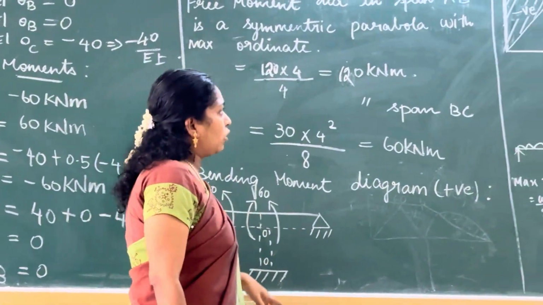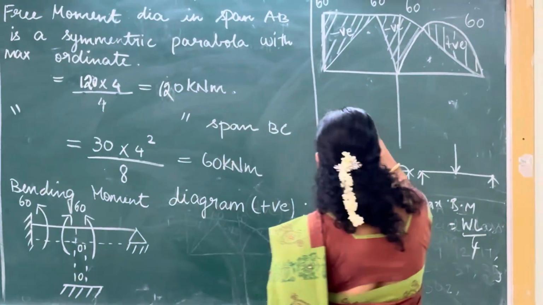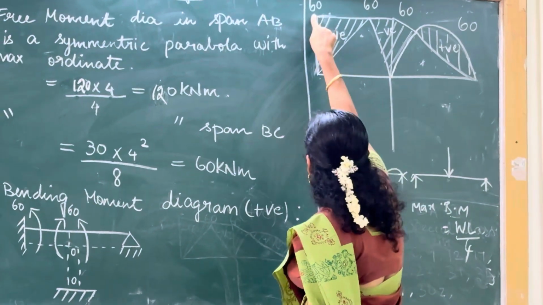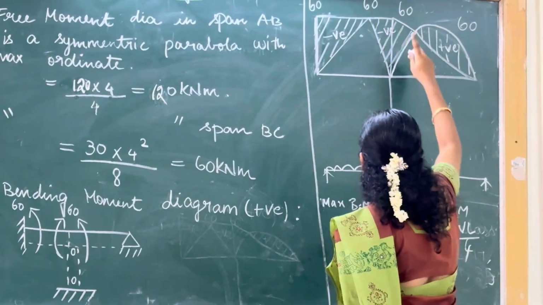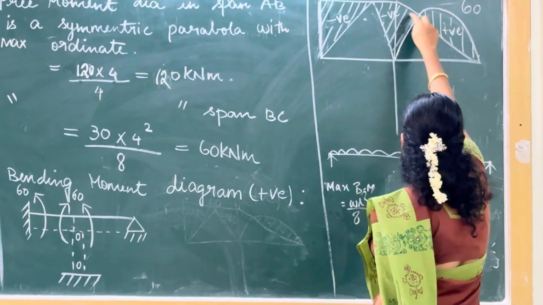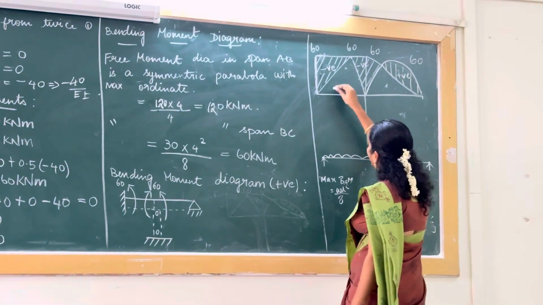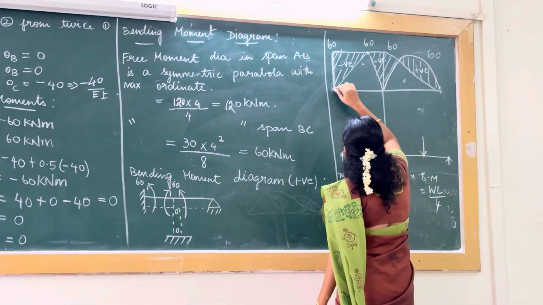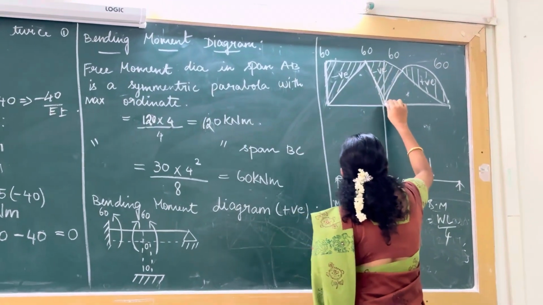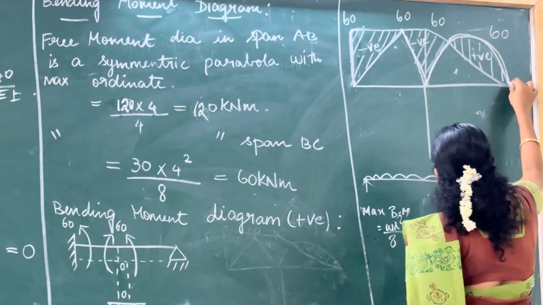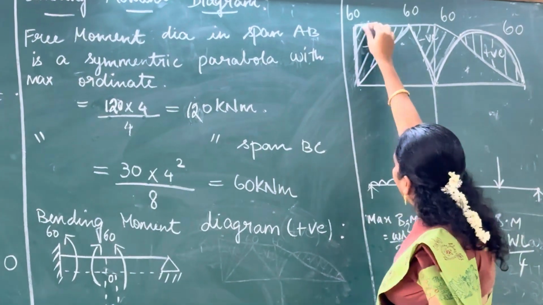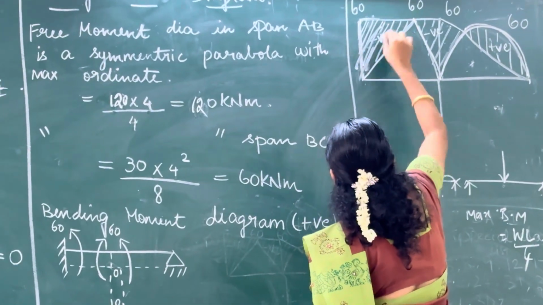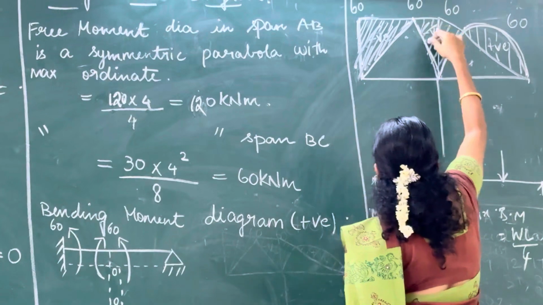Next we are going to draw the diagrams for AB, BC, CB, BD; this CB value is 0. We mark all the values, and also mark the ordinates for the simply supported moment, and then we need to hatch the uncommon pattern.